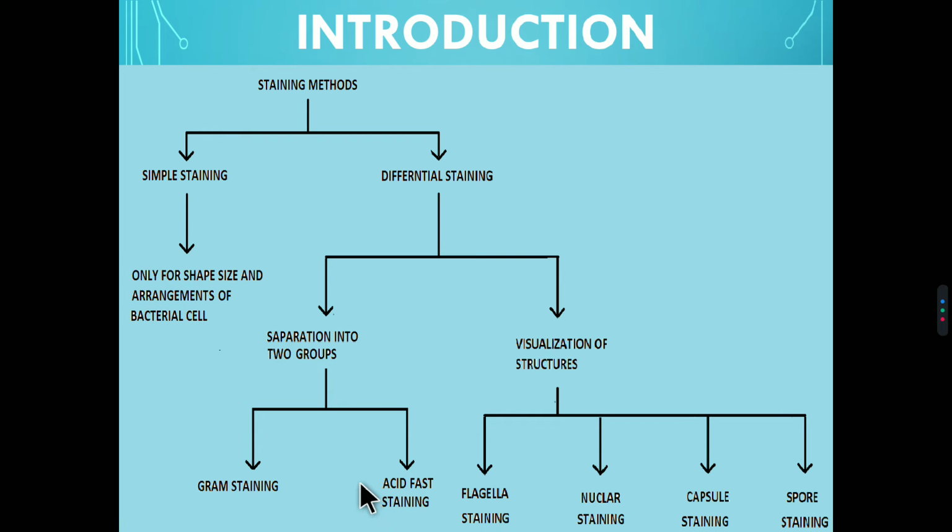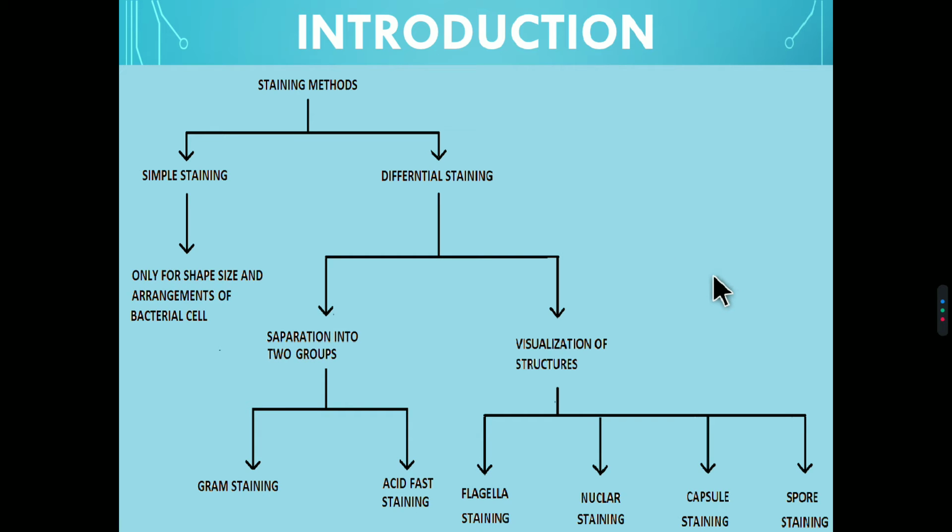Mycobacterium species like Mycobacterium tuberculosis possess both characteristics, either gram positive or gram negative. It cannot be differentiated by gram staining. So this is the basic introduction about staining methods.